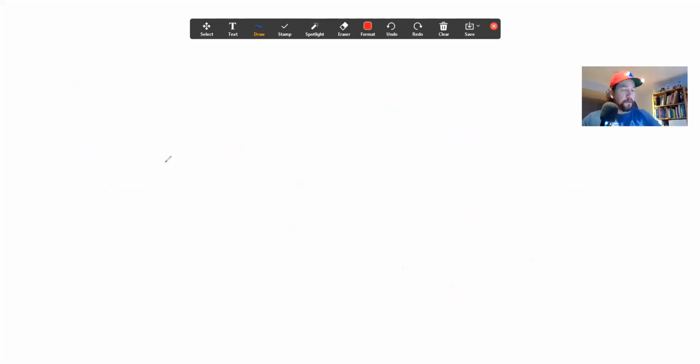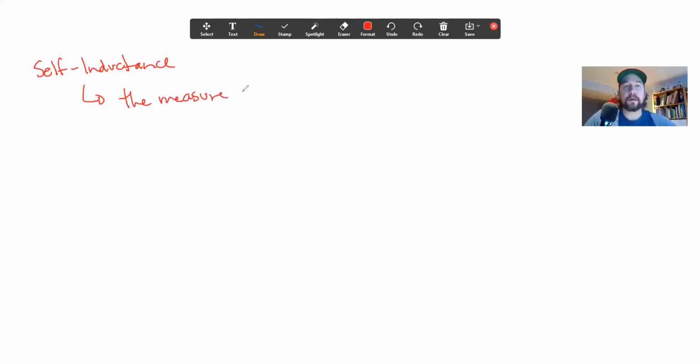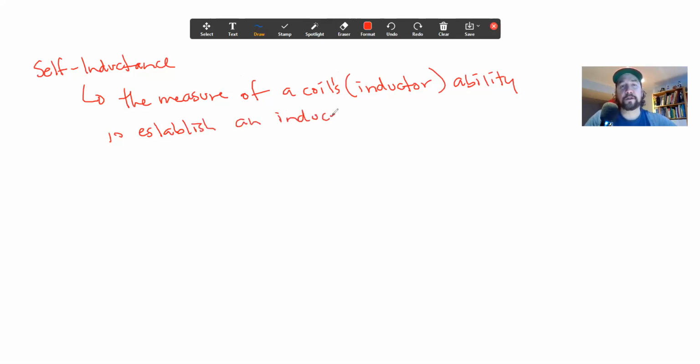I can give a really fancy term. It's called self-inductance, and this is the measure of a coil's ability to establish an induced voltage.